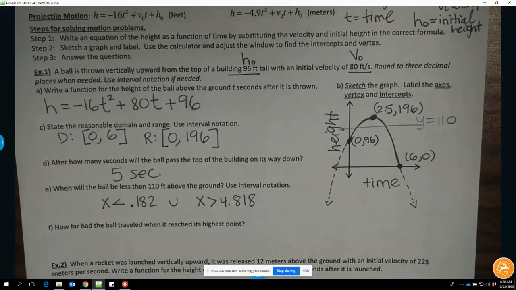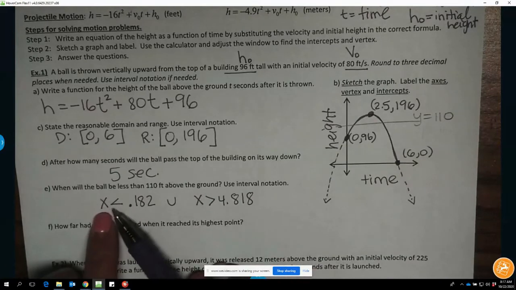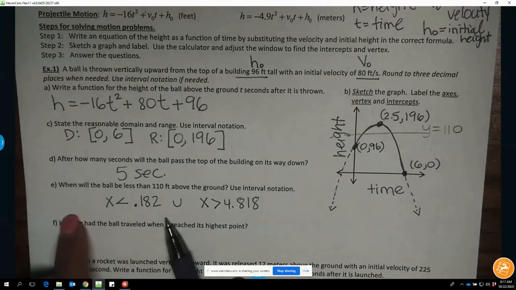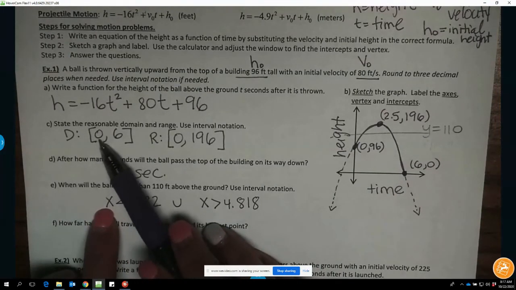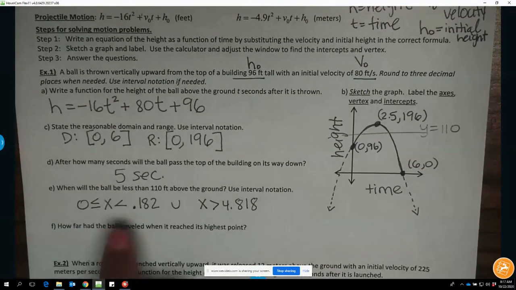But here's the problem with this. Other than the interval notation, I need you to give me your answers in terms of a reasonable domain. Remember that our domain here, you can't just leave x less than 0.182, because then x could be all the way to negative infinity. That's not right because our domain has to start at zero. So I'm going to put it has to be greater than or equal to 0.